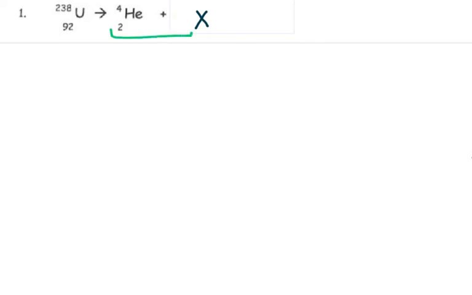So the total number of protons must be equal to 92. That means this element has 90, and the total number of nucleons before and after has to be equal to 238. So you have 234 in this case, and that element is thorium.